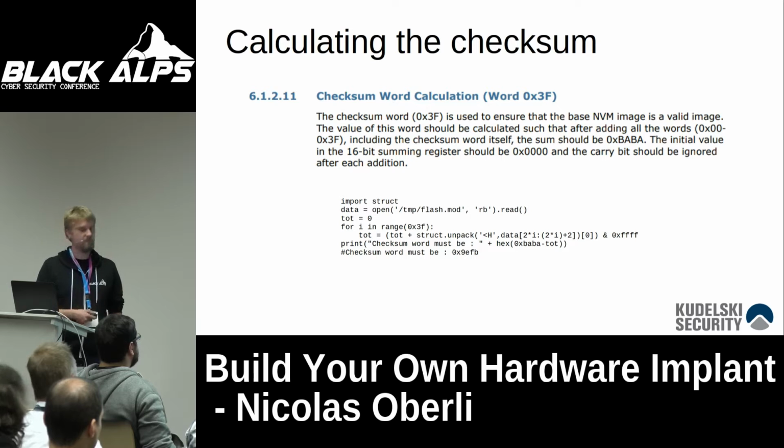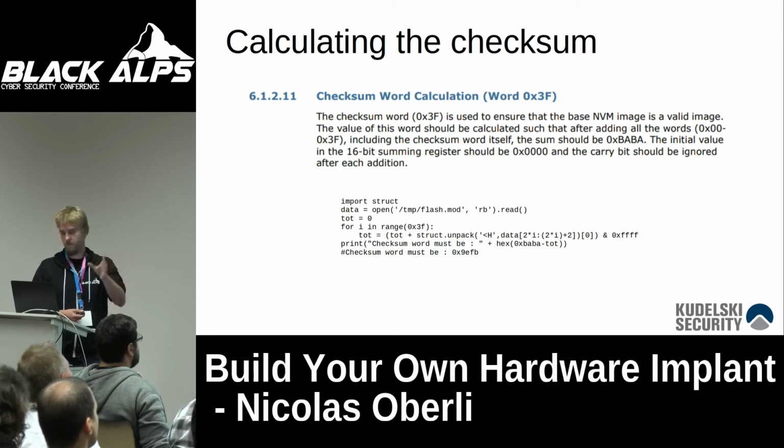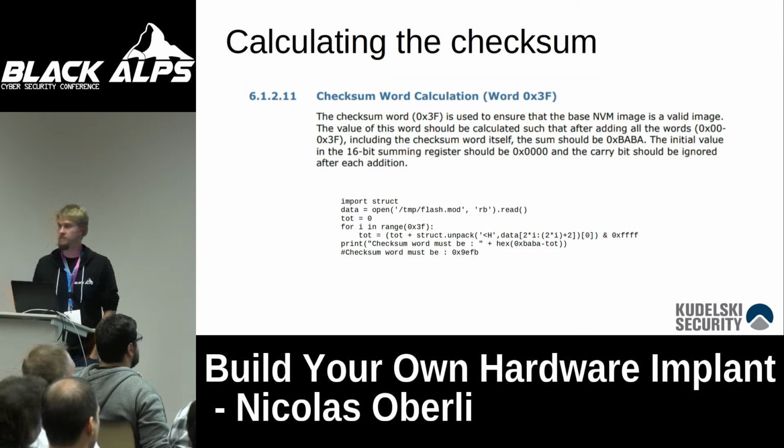Back to the documentation, you read that the checksum word is stored at that specific address on the EEPROM, and that the sum of all the bytes on the EEPROM needs to be equal to 0xBABA. That's a value they specified directly.